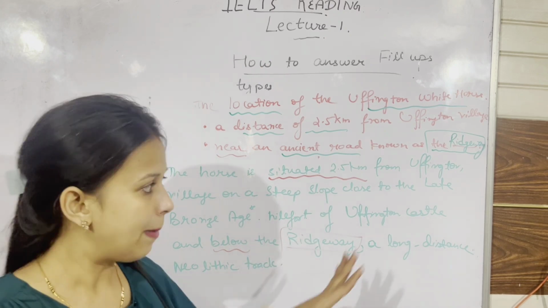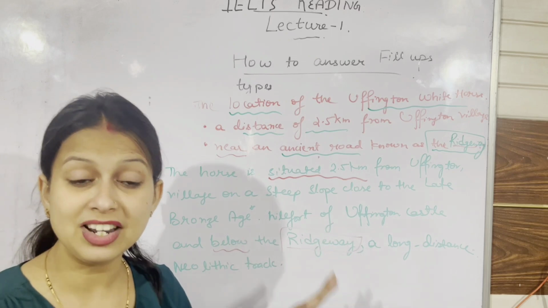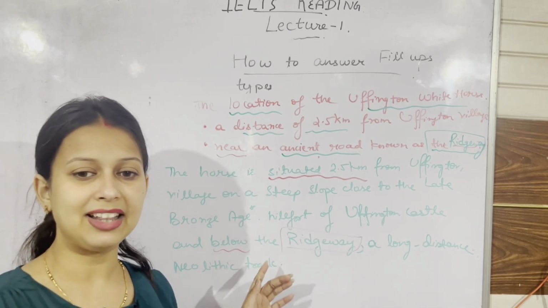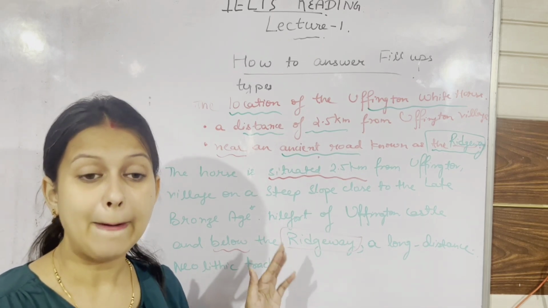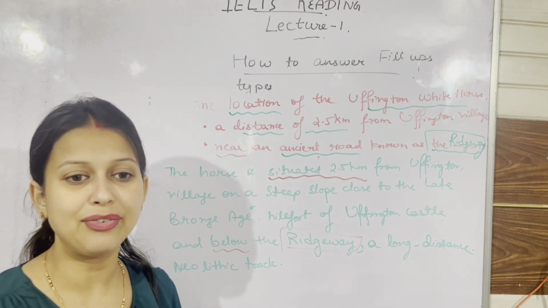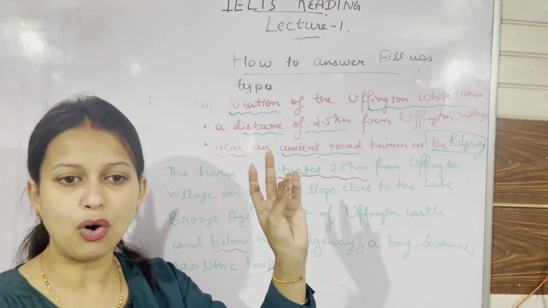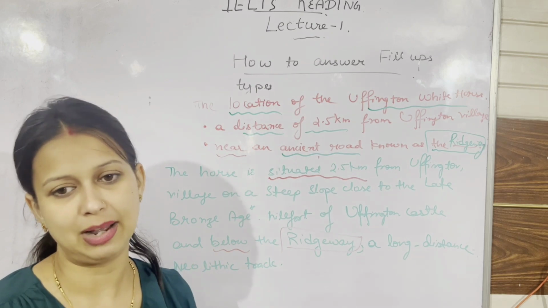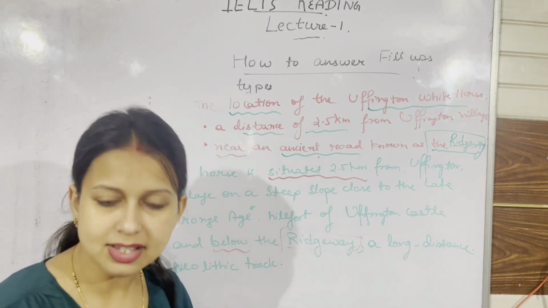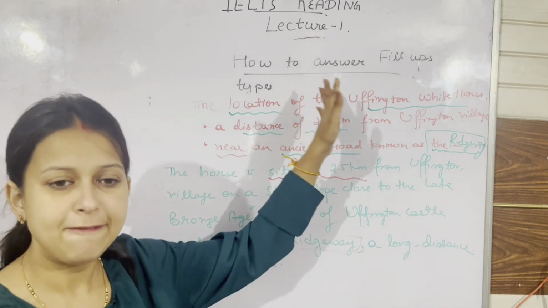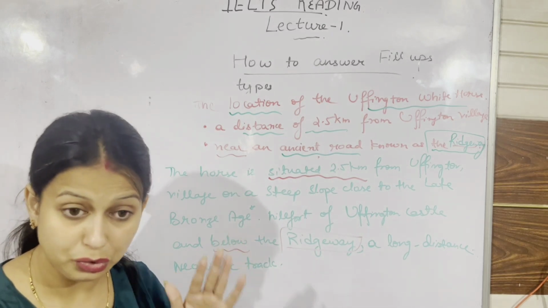Is that clear? Before the blank, if a keyword is coming, you will find the synonym of that keyword. But before the blank, if a, the, or of is coming, then a noun will come. Is that clear? This is the way you can spot fill-ups type of questions in reading.